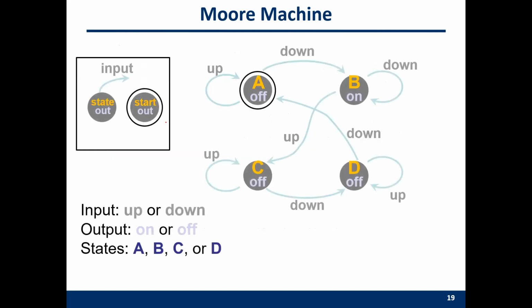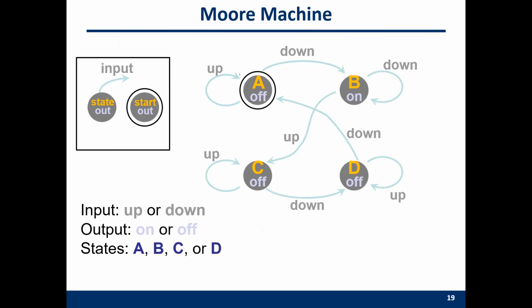So if we use the Moore machine to build the same finite state machine, where we have input up and down, output on and off, and then we have 4 states, A, B, C, D. This is the new Moore finite state machine.